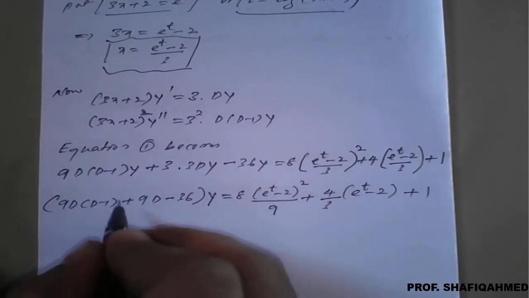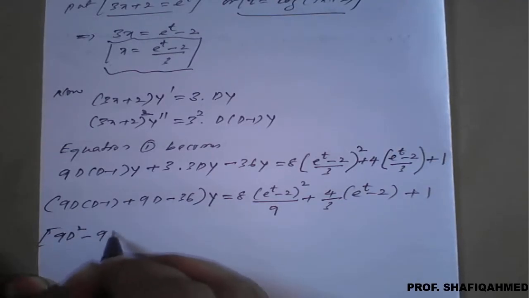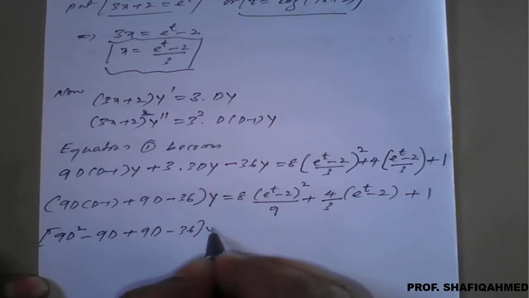So simplify the left hand side, open the bracket. We get 9D² − 9D + 9D − 36y.